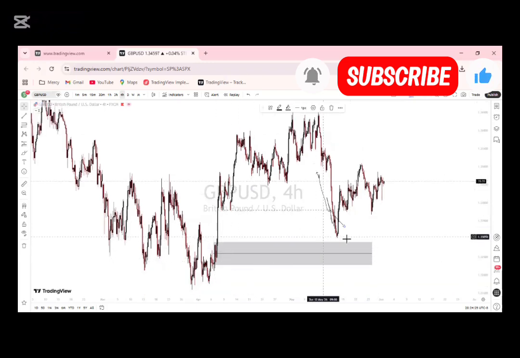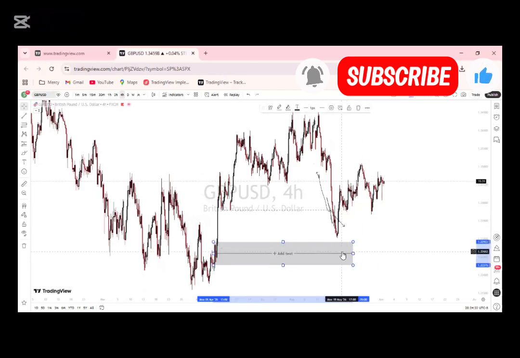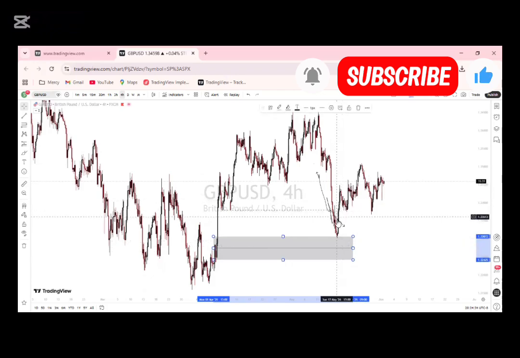So you see that these are the reasons why price normally pulls back in the market. And once you are able to identify some of these concepts, you are able to know where you are supposed to enter your trade from.